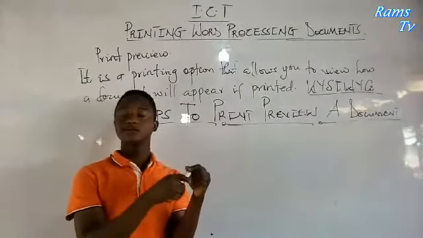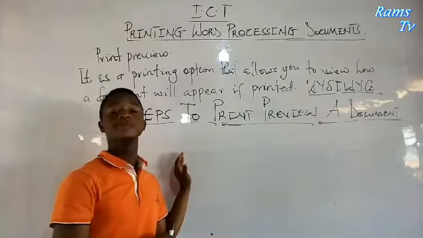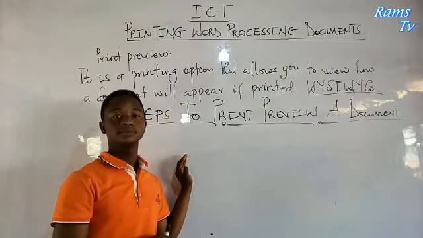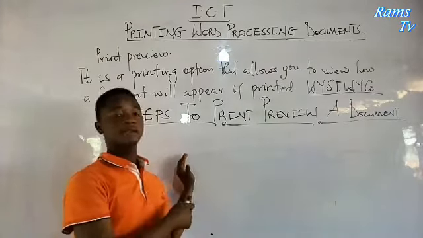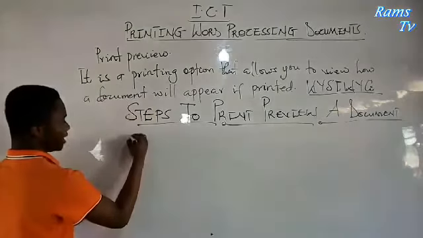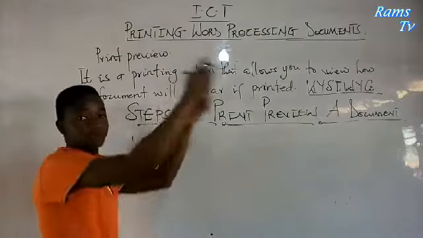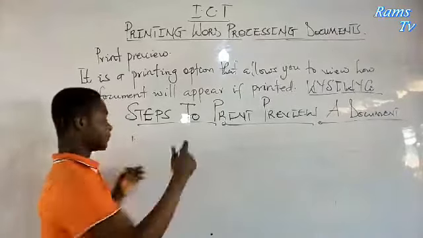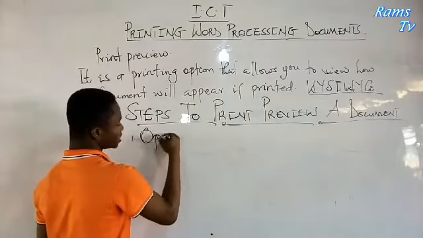If I may ask you, what are the steps to print preview a document? Your guess may be as good as mine. So now let's start. The first step is to what? If you want to print preview a document, what should you do first? One, you should open the document you want to print preview.